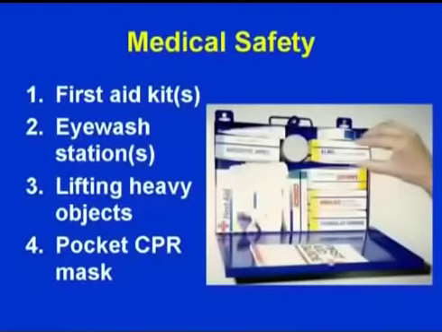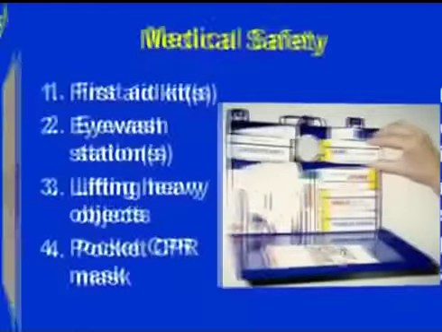Other parts of this involve the eye wash station, which has already been mentioned, protective belts for lifting heavy objects, which does not occur very much in dental, and the pocket CPR mask, which must be on hand so that we don't have to have mouth-to-mouth contact when resuscitating patients.